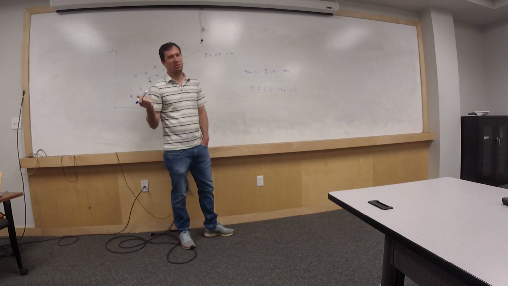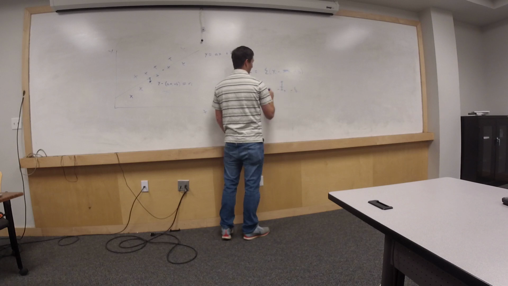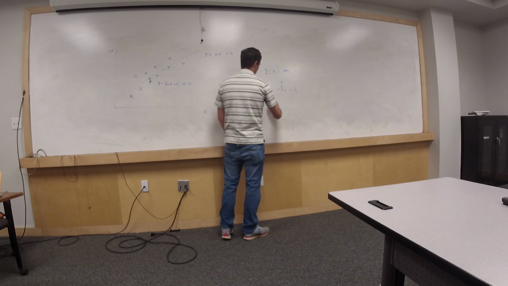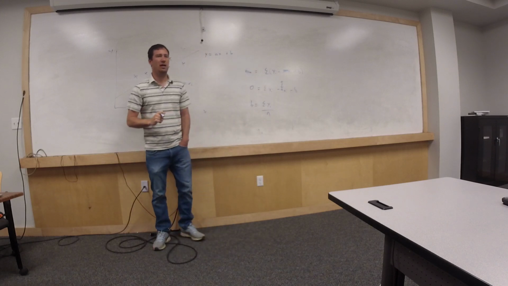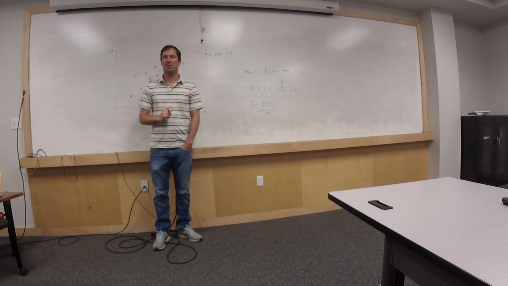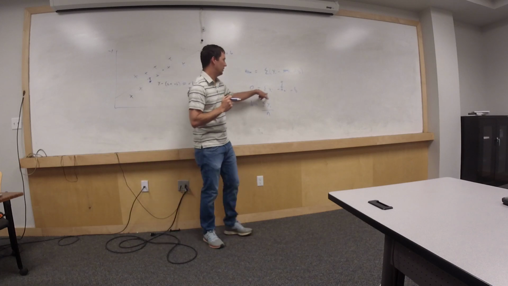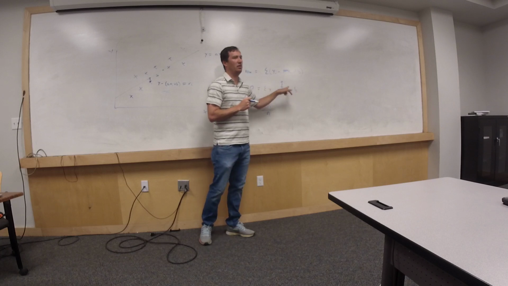One way I could solve this equation is to just set a to 0 and b to the sum of yi over n. And if you plug this in, you'll see that actually you get an error of 0. Okay, so I stick this in here. I get n of these overall.